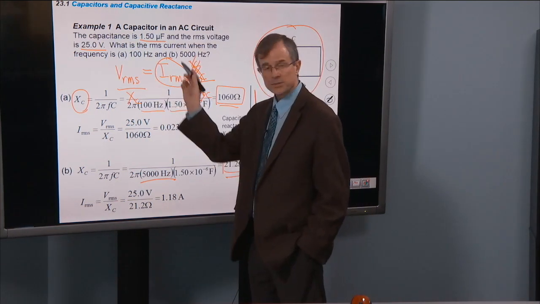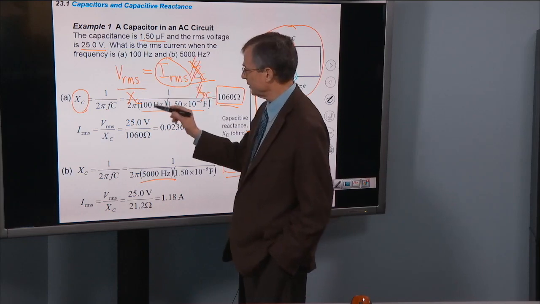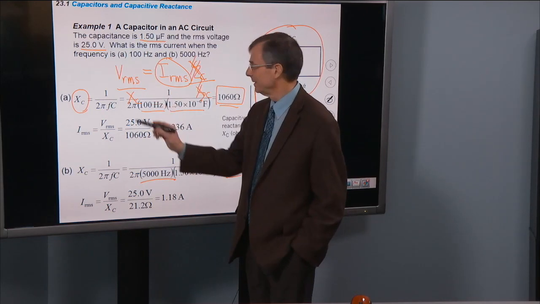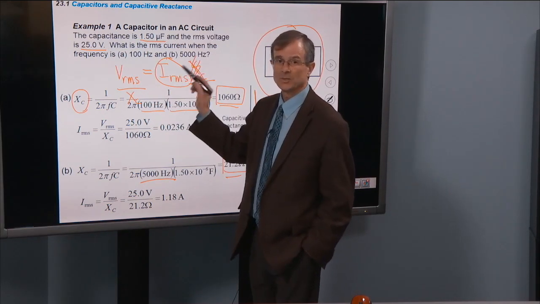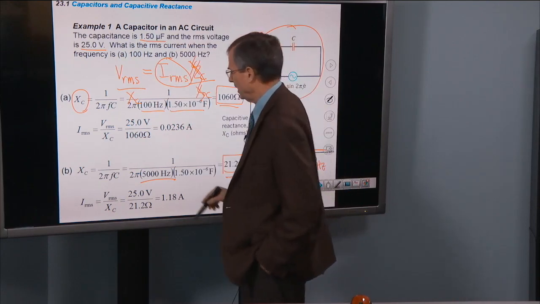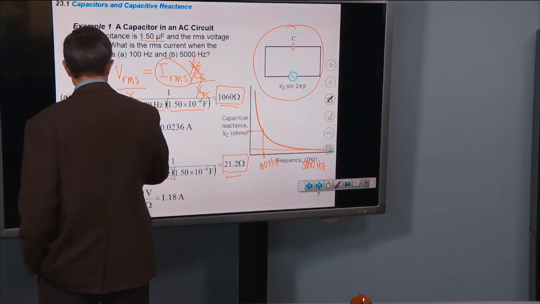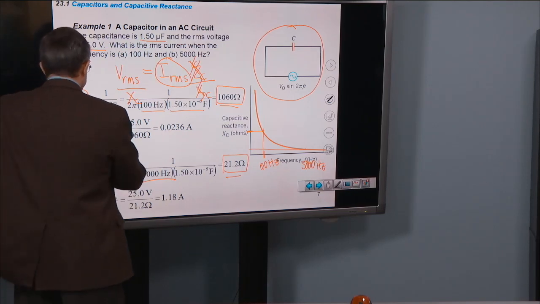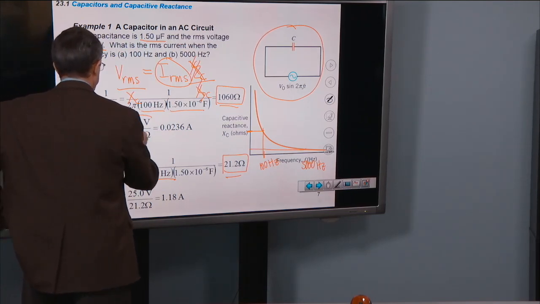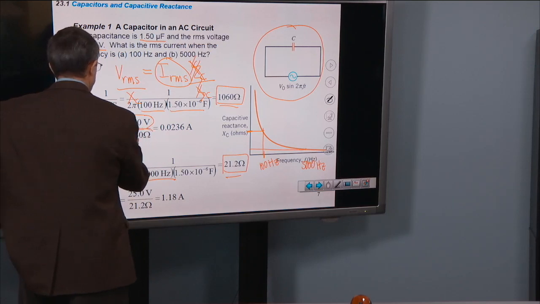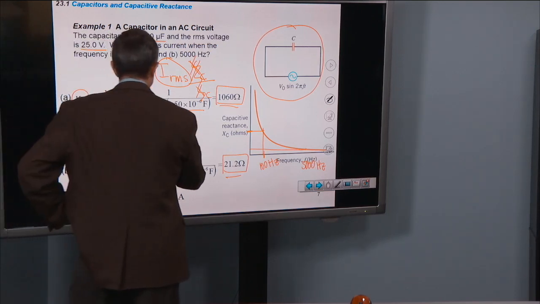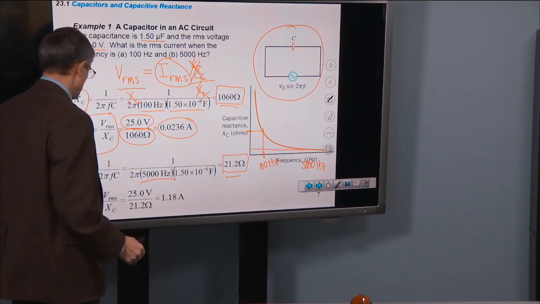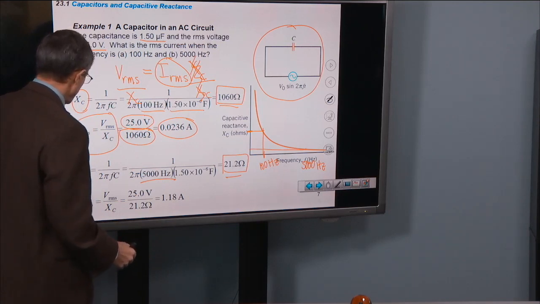So what this relationship says is that if X sub C is large, then I RMS is small. And here's the same equation. Here's V RMS, here's X sub C, and we get a small RMS current.